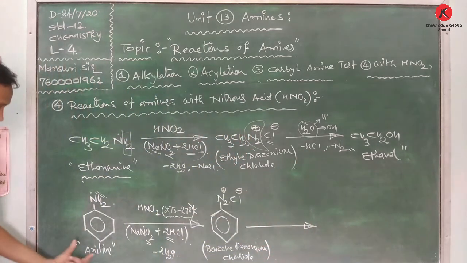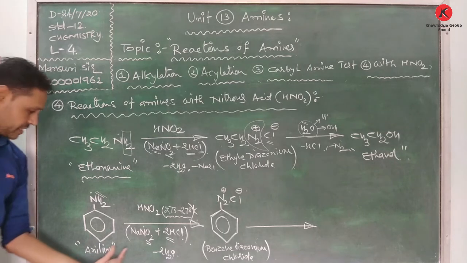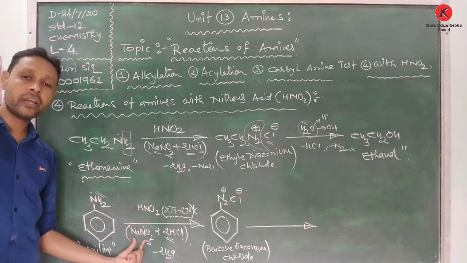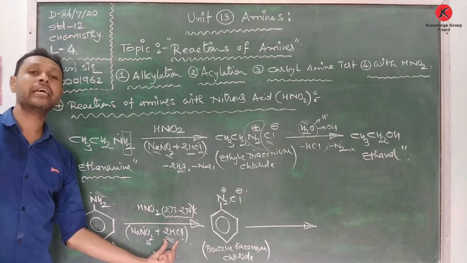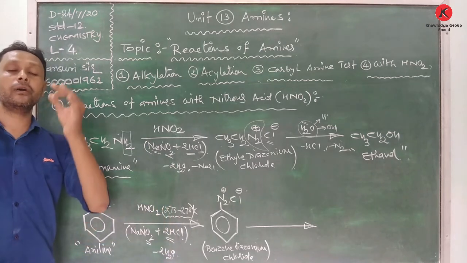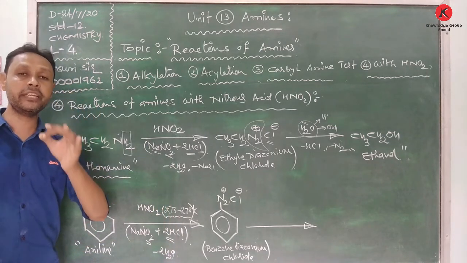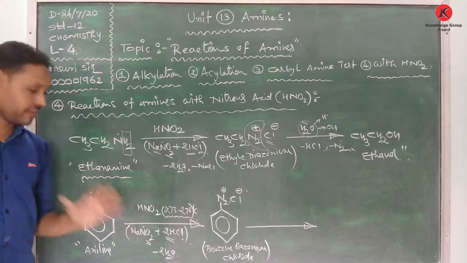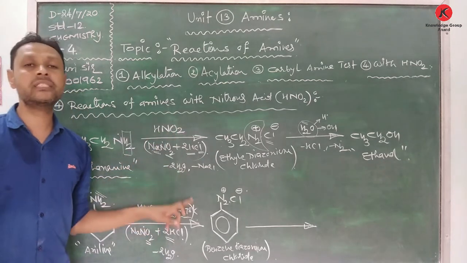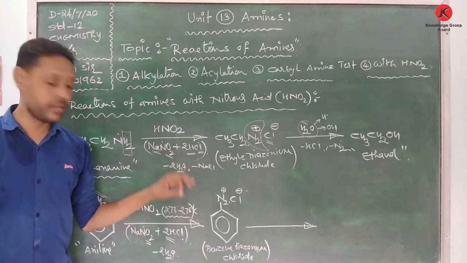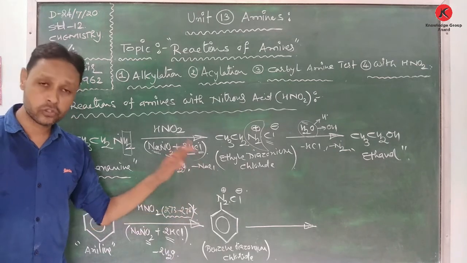Now we can say aniline reacts with the mixture of NaNO2 and 2HCl at a temperature of 273 to 278 Kelvin, then forms benzene diazonium chloride, that means benzene diazonium chloride salt.